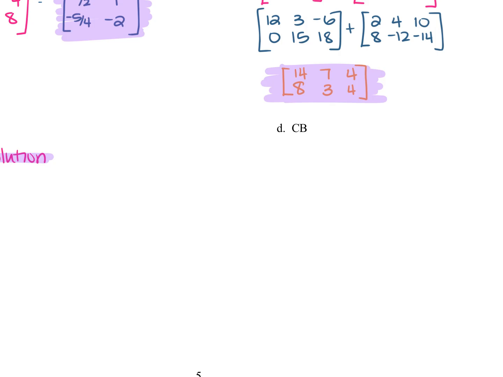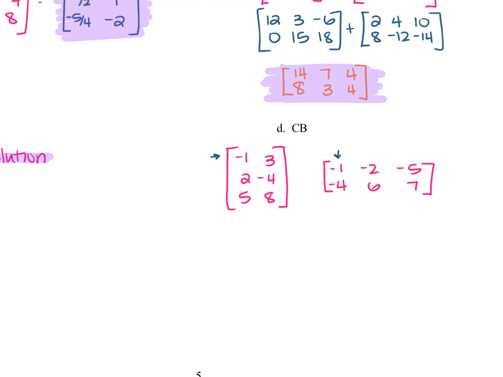So C, we have that negative 1, 3, 2, negative 4, 5, 8. And we're multiplying that by B, which is the negative 1, negative 2, negative 5, negative 4, 6, 7. So we're going to go first row by first column first.